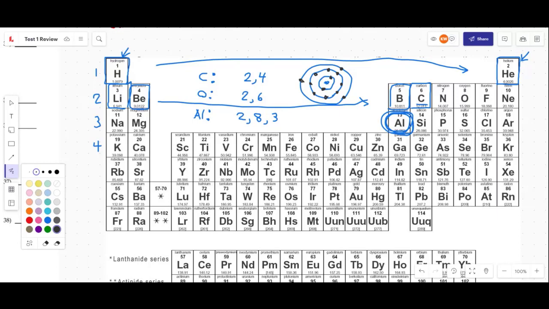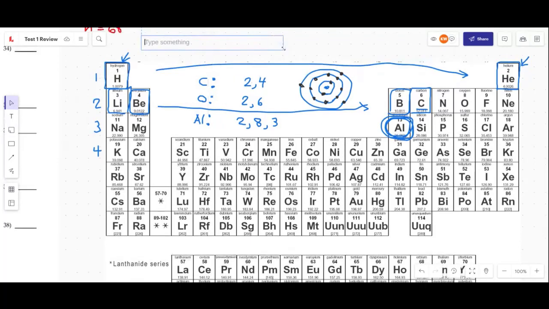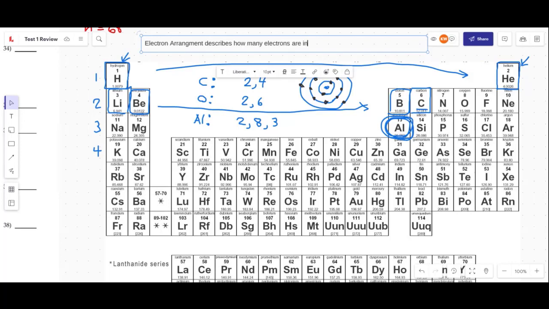Oh, sure. So the periodic table is set up to mirror the energy levels. Each row in the periodic table represents an energy level. And so all electron arrangement does, and I'll type this out: electron arrangement describes how many electrons are in each energy level.